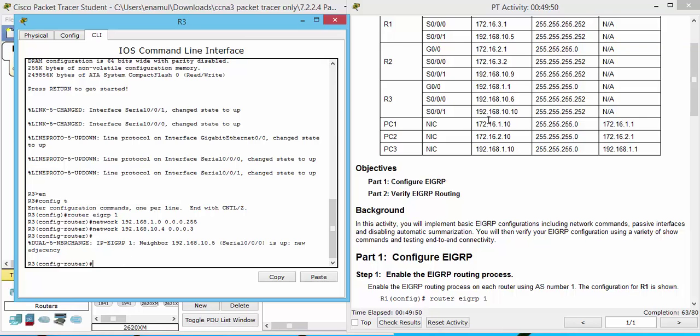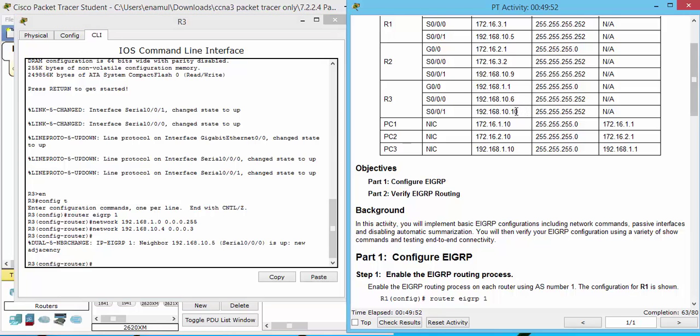And now this is the third one, 192.168.10.10. So the network address is going to be 192.168.10.8.